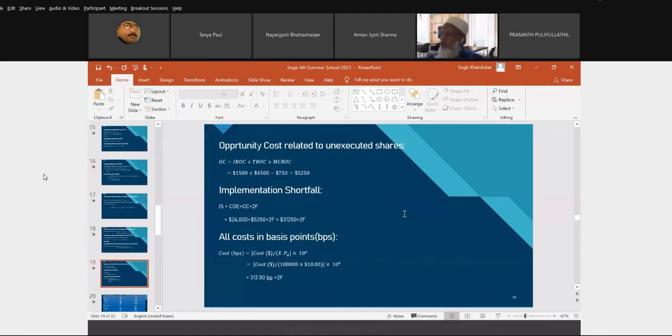Now we try to calculate the transaction cost in basis points. The formula is total cost in amount divided by X into PD.